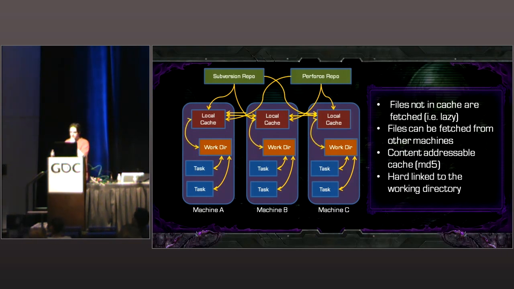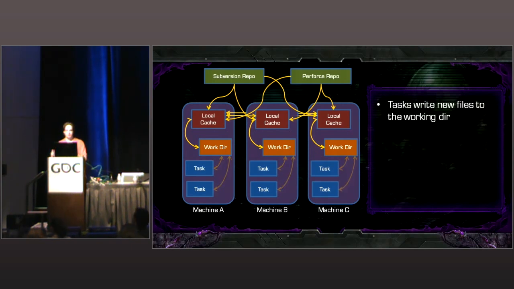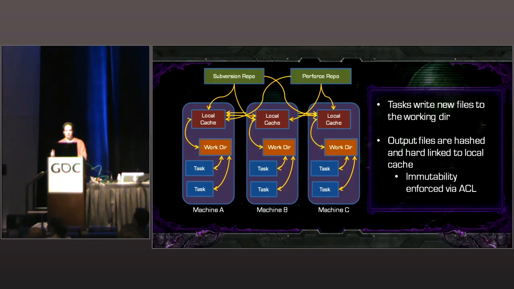So tasks read and write files to a working directory. Sometimes the working directory is shared with other tasks. Sometimes the task will be isolated and requires its own working directory. Let's skip over a few things here. File immutability is enforced via file system access restrictions, which also prevents cache corruption.